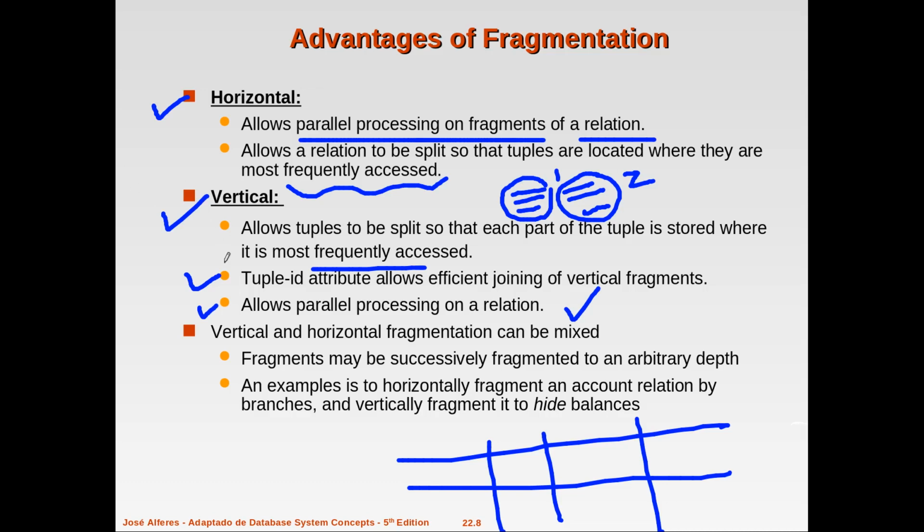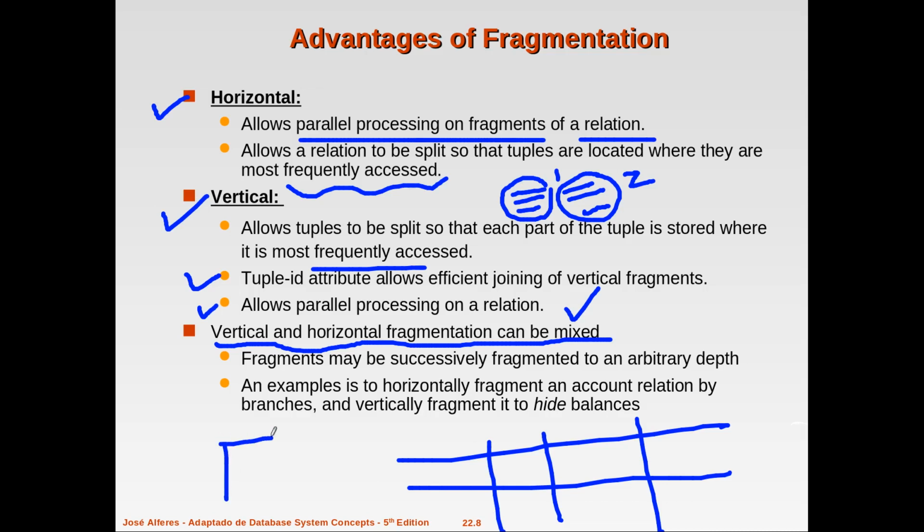Now similar to replication, vertical as well as horizontal fragmentation can be mixed. That means fragments may be fragmented into an arbitrary depth. So vertical fragments can be fragmented further.